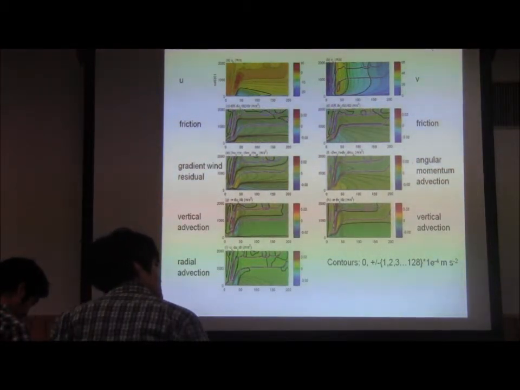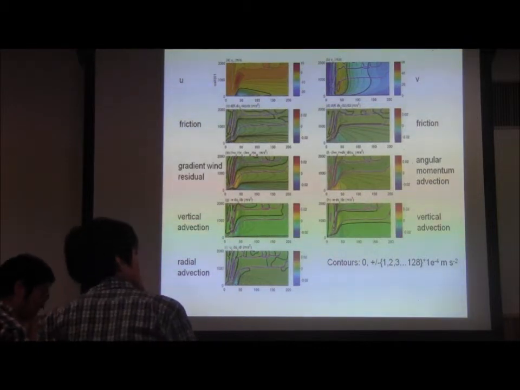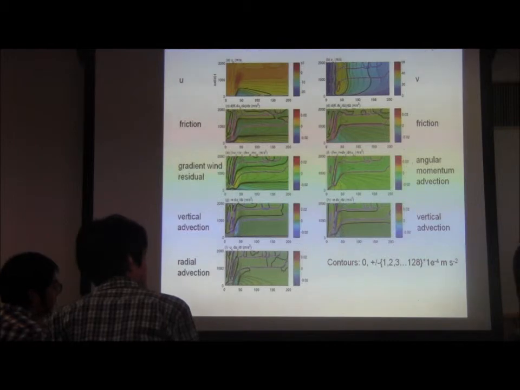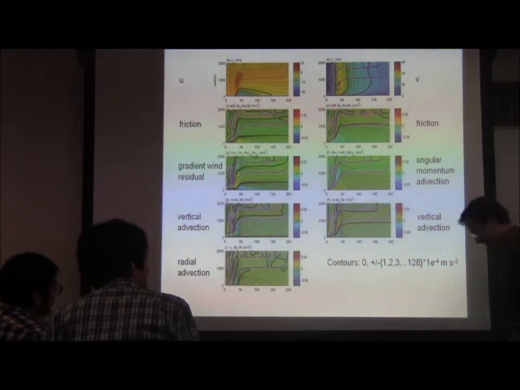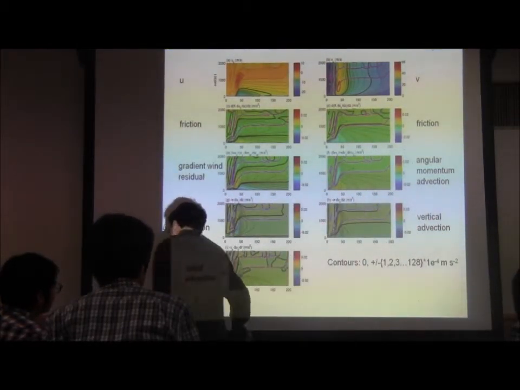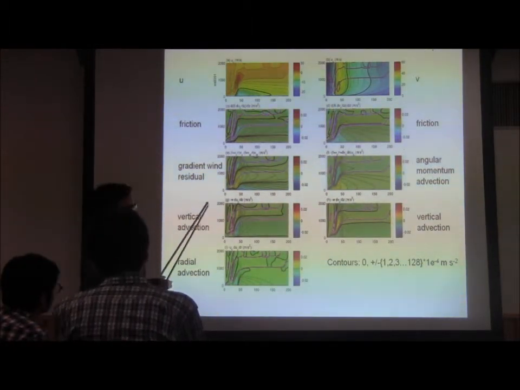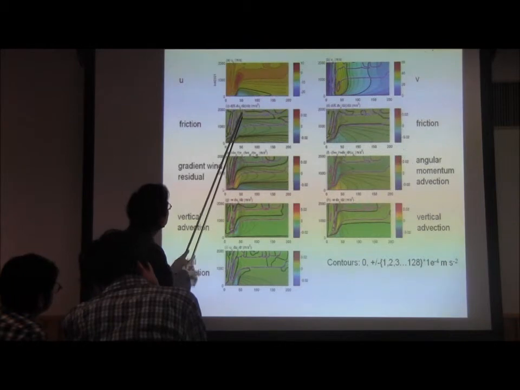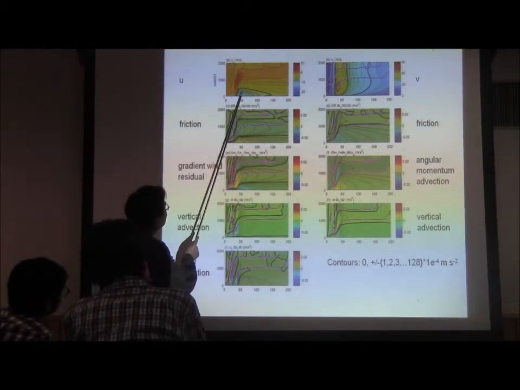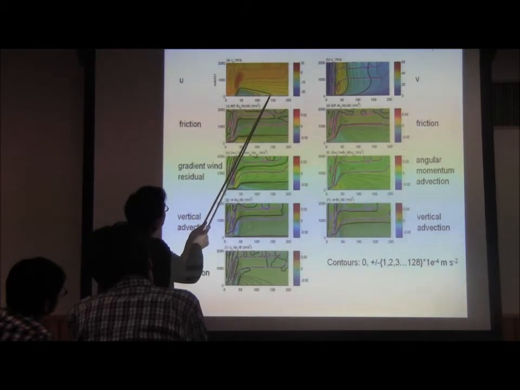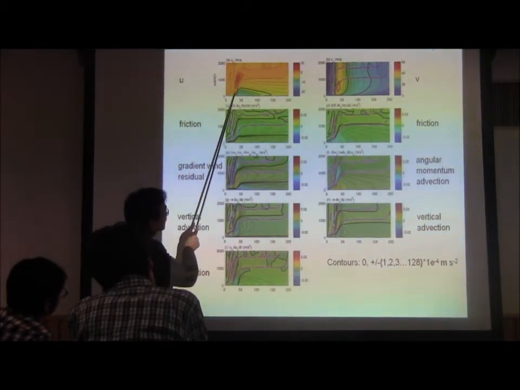This is not a question, but a comment. My comment is on the supergradient flow and the particle coming from this side, from here to here.